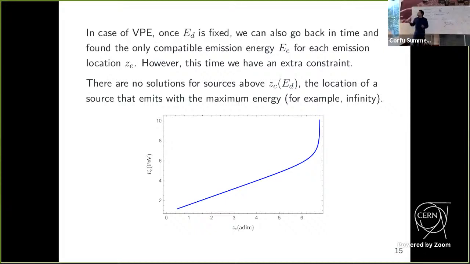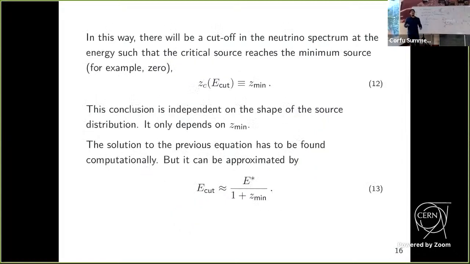Okay, but this critical source is a function of the detected energy. If we increase the detected energy, the critical source is smaller and smaller. What happens at the energy at which the critical source has the value of the minimum, the first source we are considering in our model?